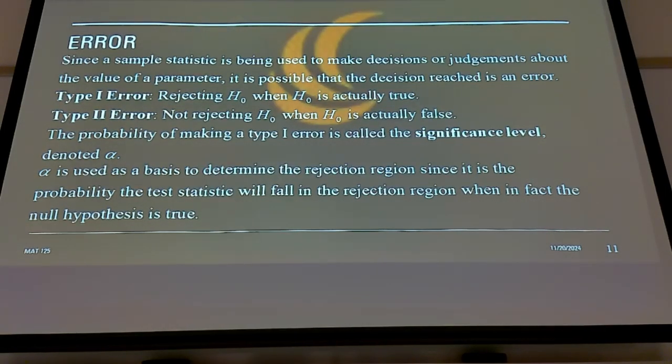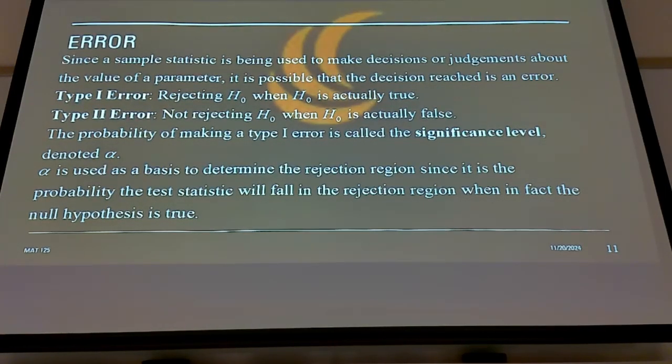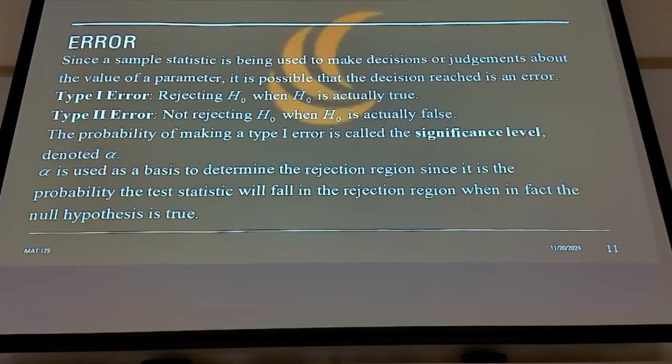This alpha is used as a basis to determine the rejection region, since it represents the probability the test statistic will fall in the rejection region when in fact your null hypothesis is true.